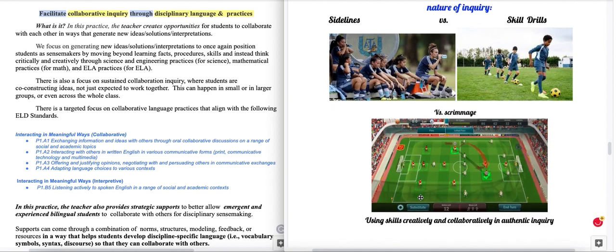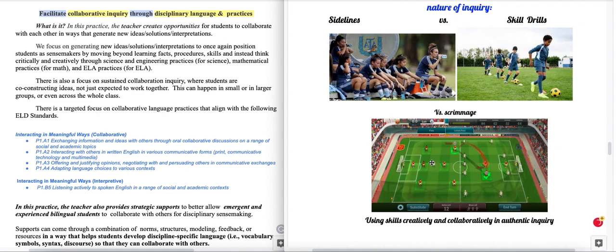And then finally, what we really want to see is something more like students engaged in a disciplinary scrimmage where they're getting a chance to use these skills and knowledges that they've developed and use them creatively in an authentic context, where we can think about the goal of being some sort of disciplinary knowledge, some sort of objective of the inquiry, but they're not just replicating or recreating some procedure.